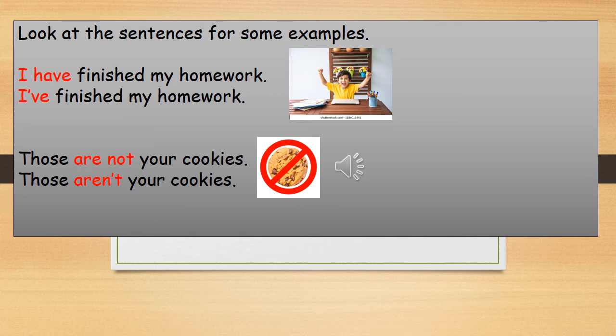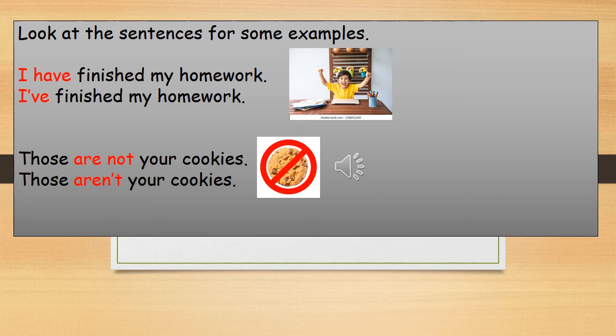Again, now we put the words are and not together, but we only take out the letter O. Normally we take out the vowels or the smaller sounds and we just keep the bigger sounds to make it easier to understand. Are not, aren't. It almost sounds like it's still there, but it's not. It's nt. Alright, nice and easy, boys and girls. Are not, we change to aren't.